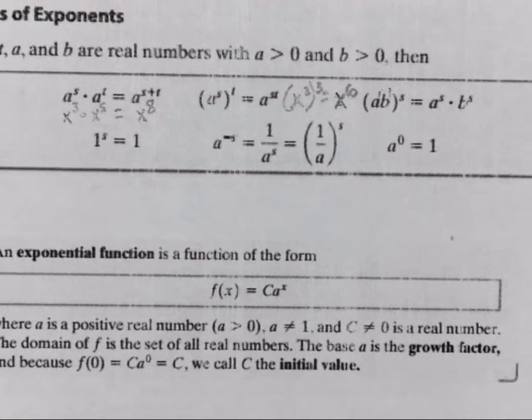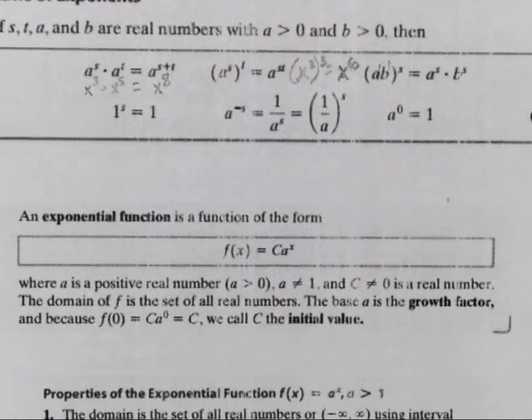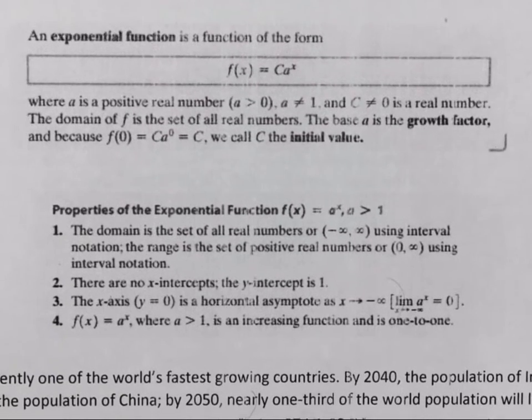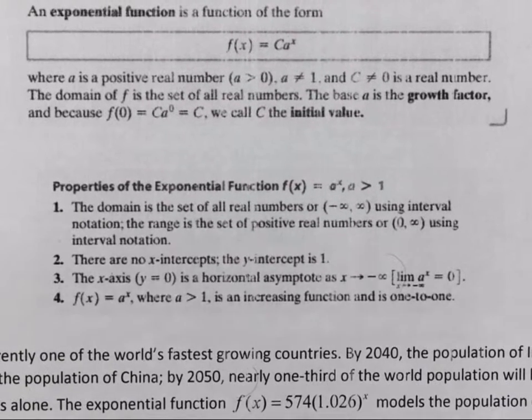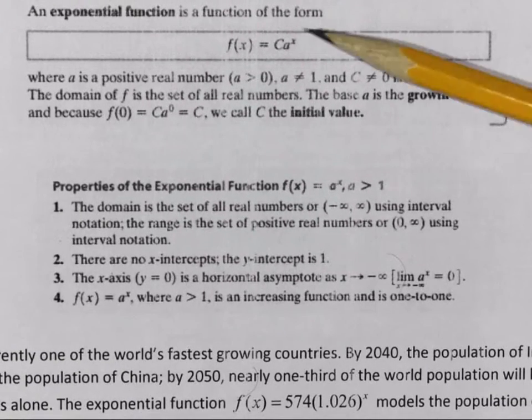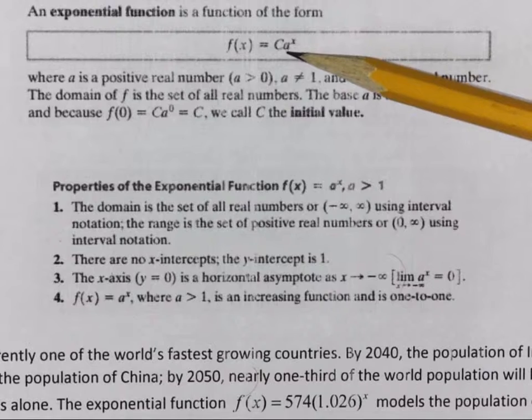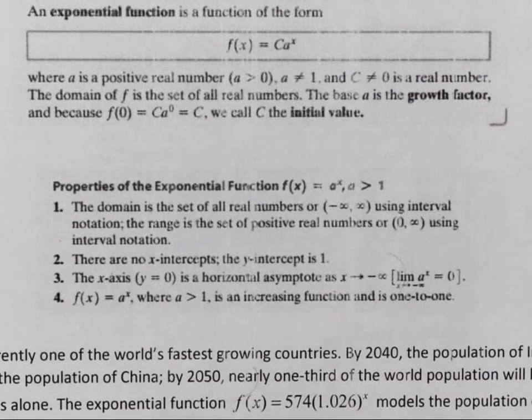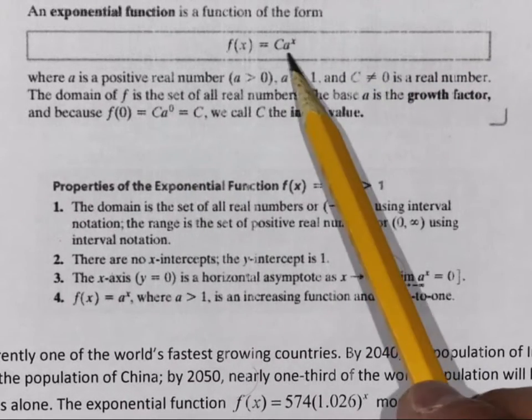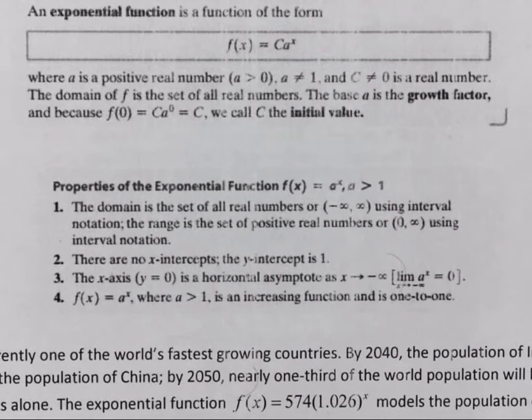Alright, so on to the main agenda item, which is exponential functions. Exponential functions have this form where we have some constant c times some base a raised to the power of x, where a, this base, is a positive real number, and this constant c cannot be equal to 0.